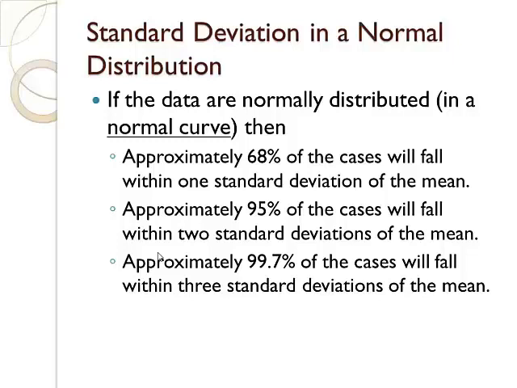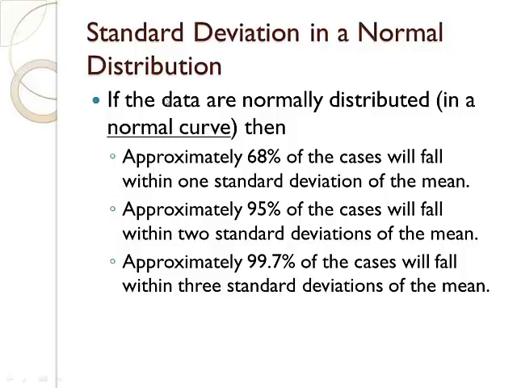And again, I'm assuming that this is an idea that a lot of you are already familiar with from your previous math, psychology, and so on courses. But we'll look at a normal curve in just a minute to show you what I'm talking about.